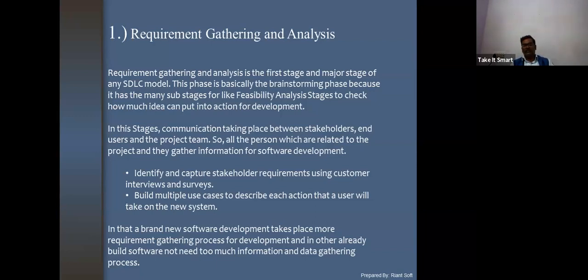In this stage, communication takes place between the stakeholder, the end user and the project team. Nobody is ready to give you the requirement in one go, because they also do not understand it. With different discussions, you have to know how to get the requirement. This is a skill, not an easy thing.